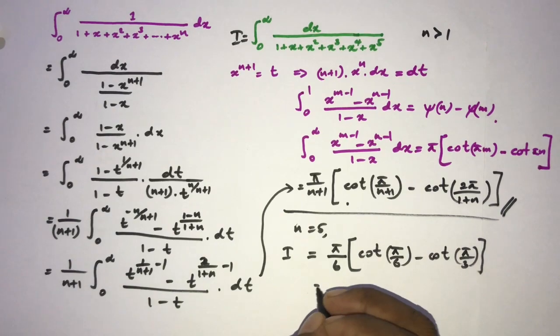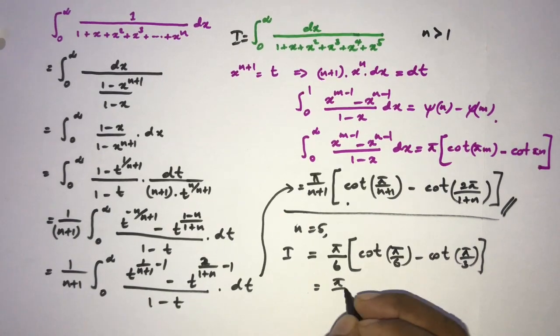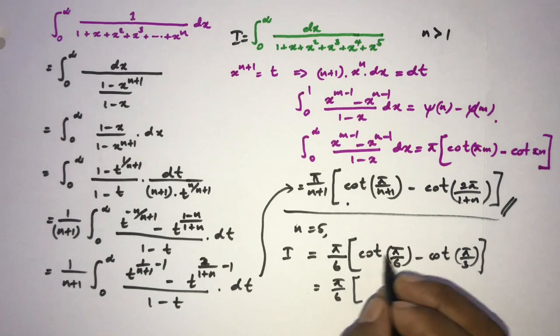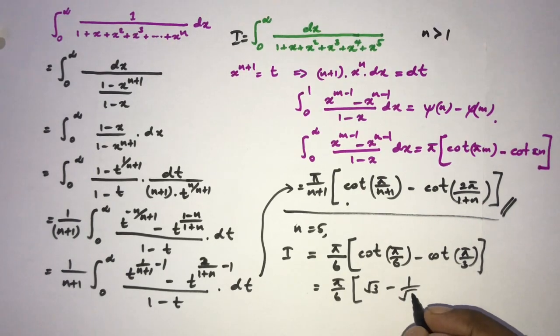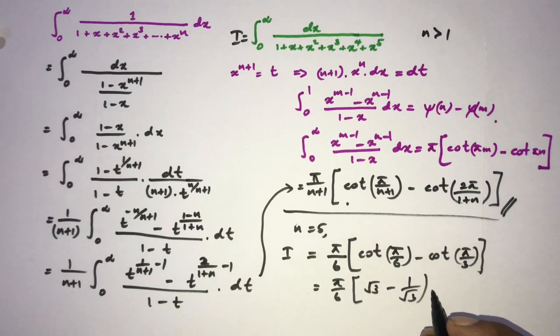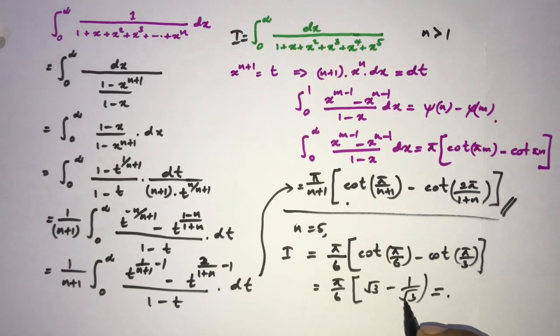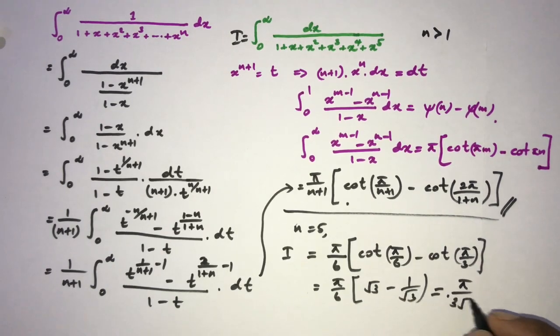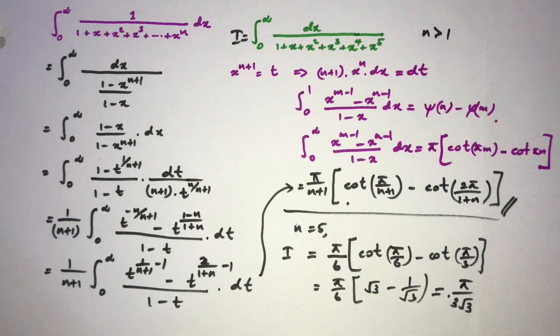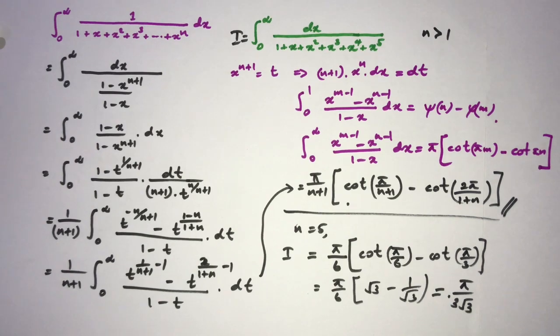If we simplify, the cotangent of pi over 6 is the square root of 3, and the cotangent of pi over 3 is 1 over the square root of 3. So the square root of 3 times 3 minus 1, the 2 cancels, and we get 5 over 3 times the square root of 3. Also, if you want, you can evaluate this for any positive integer.